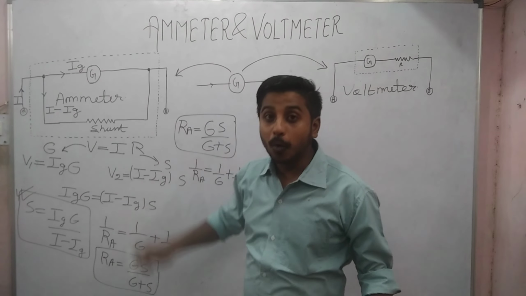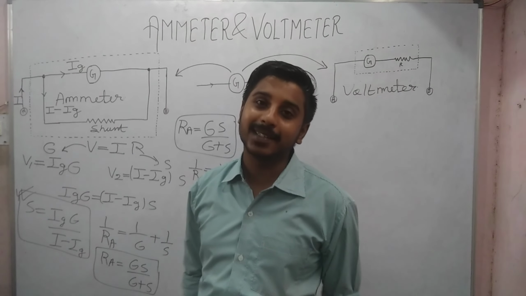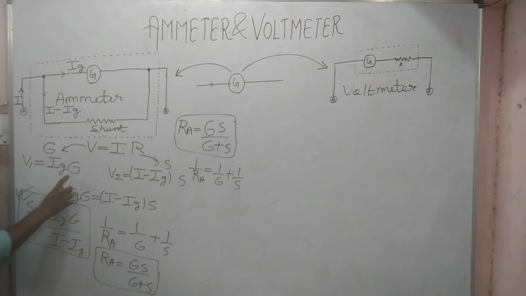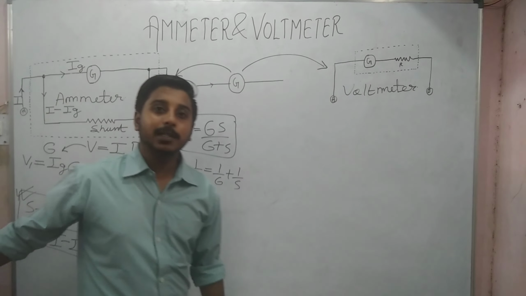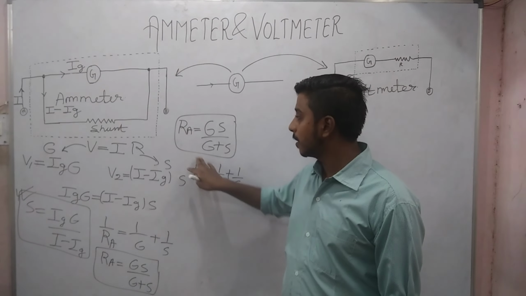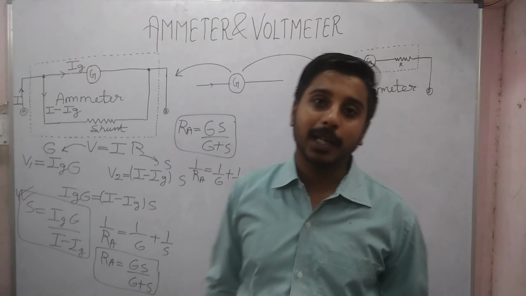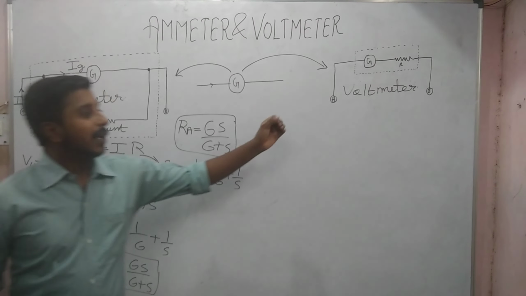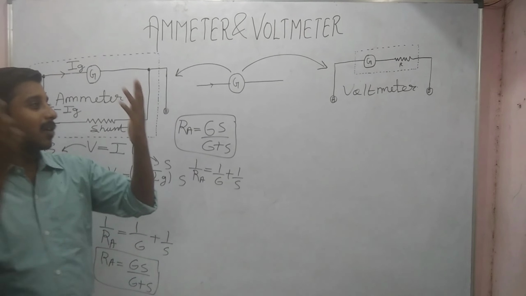It has very low resistance, while ideal resistance is zero. And V is equal to IR applied for both circuits. Just put the needful and find out the value of shunt resistance, and resistance of ammeter is calculated by the formula of resistance in parallel.